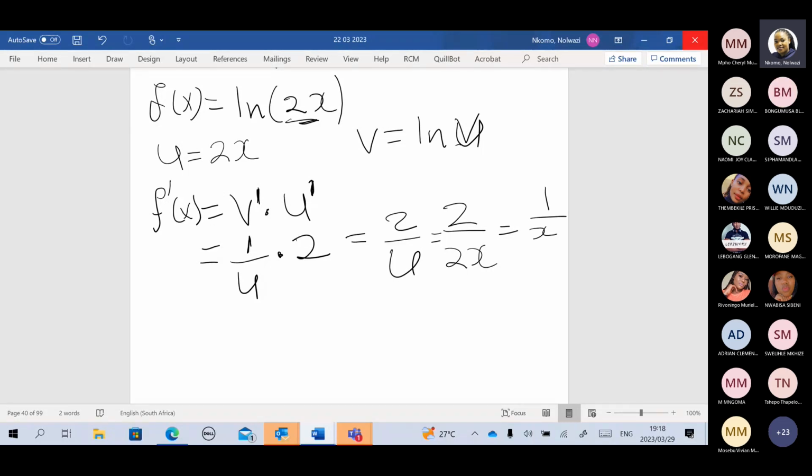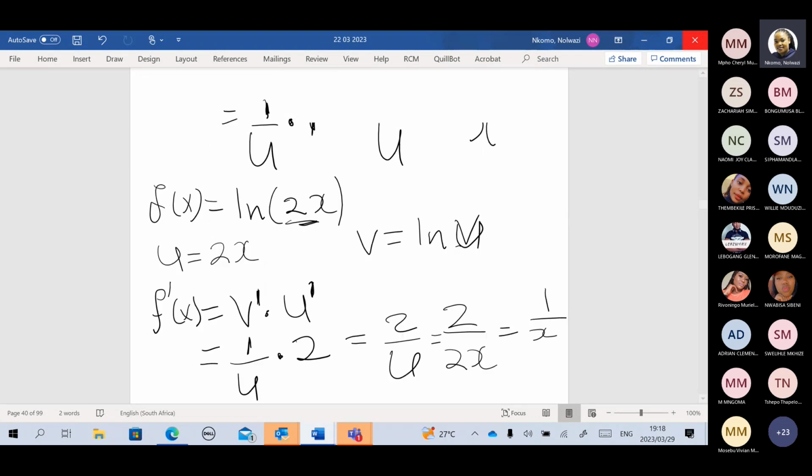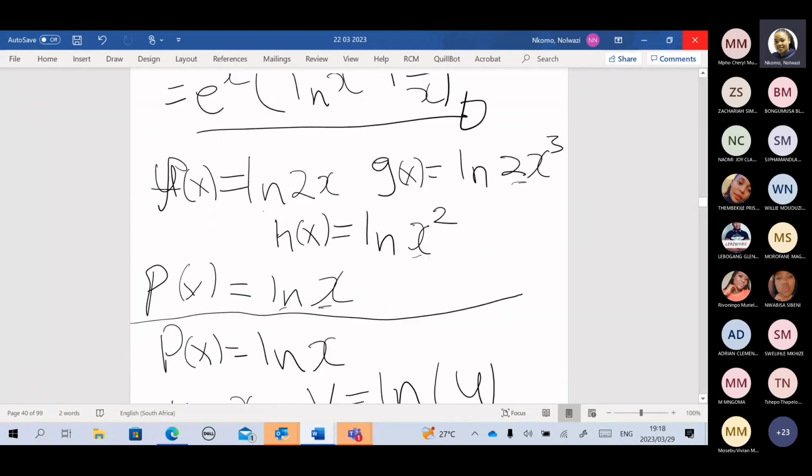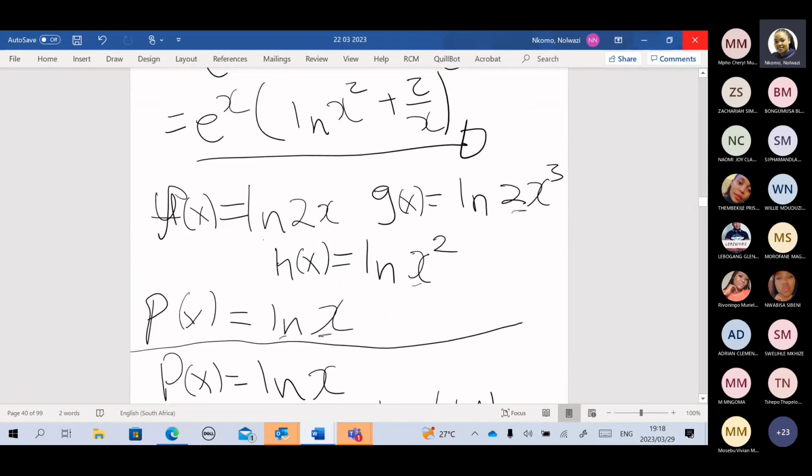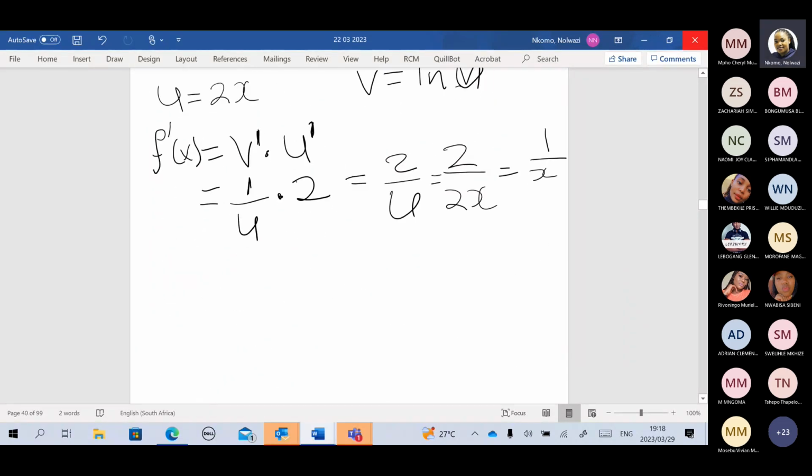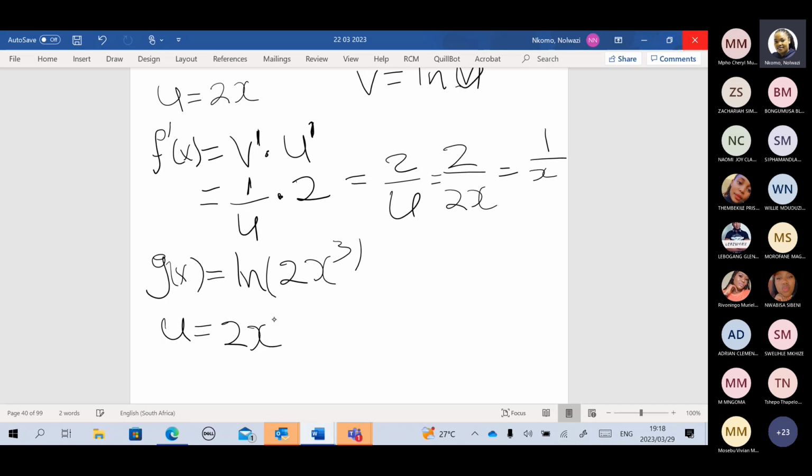Okay, let's do another one. We said another one, g at x equals ln 2x cubed, right? Here, the inner function is 2x cubed, meaning we let our u be 2x cubed, right?